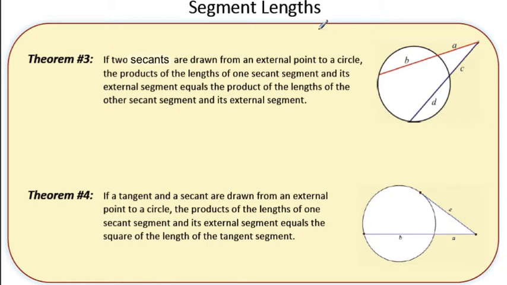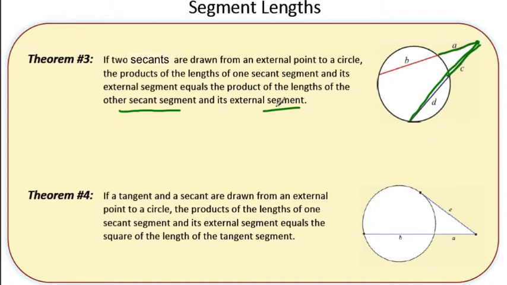All right, so the first theorem. If two secants are drawn from an external point to a circle, the products of the lengths of one secant segment and its external segment equals the products of the lengths of the other secant segment and its external segment. Say what? All right, so what does that mean? That means that if you take the entire secant times the external segment, the part on the outside, it's going to equal any other secant times its external, as long as they're coming from the same point.